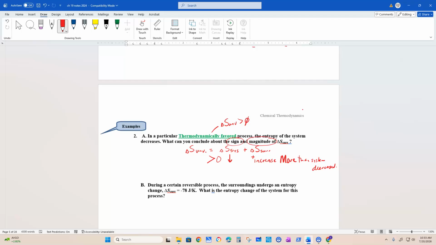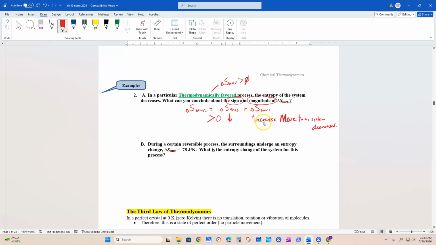Okay, plugging it in with actual math, if you have a reversible process, the surroundings undergo an entropy change of delta S surroundings. So I know my delta S universe is system and surroundings. But they did tell me something else besides this negative 78. They said reversible.